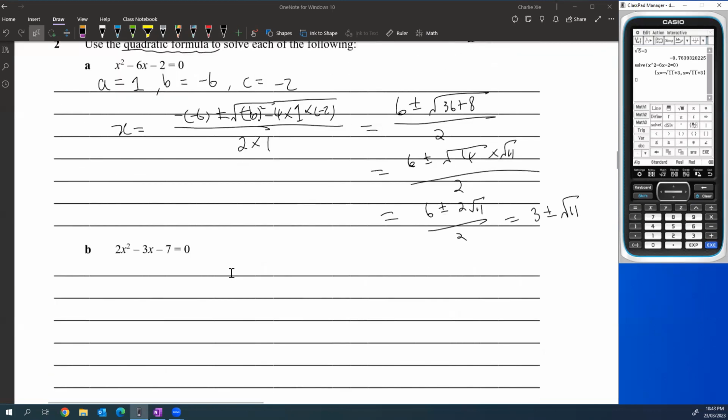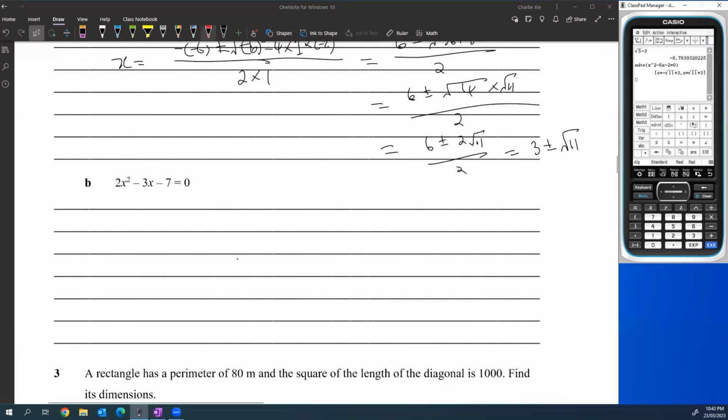Okay, let's move on. 2x squared minus 3x minus 7. A is the coefficient of x squared, B is the coefficient of x, C is the constant term.